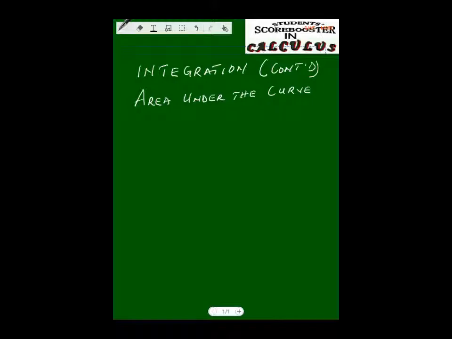For example, we are all familiar with this kind of graph, an XY graph, where you have something like this. This can be a variable, let's say population, and this can be time. It can be a lot of things.